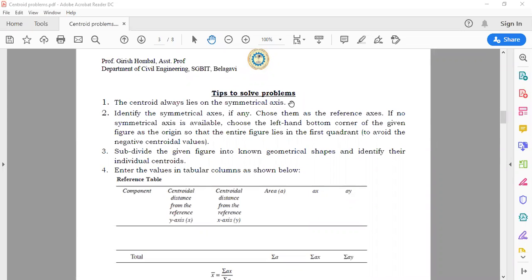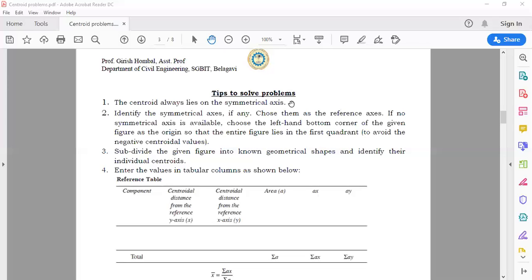Now, whenever you open the book, that central part of the book is nothing but the symmetrical axis. Symmetrical axis means it is that axis along which when you fold any of the object, the corners of the objects should coincide with each other.